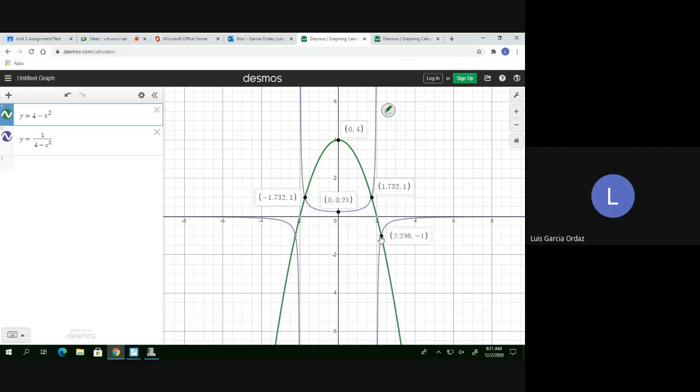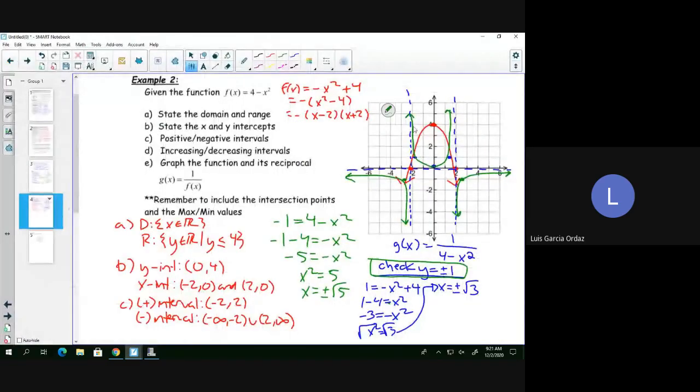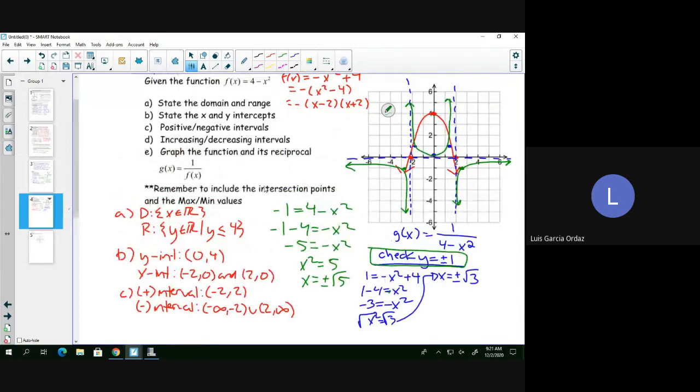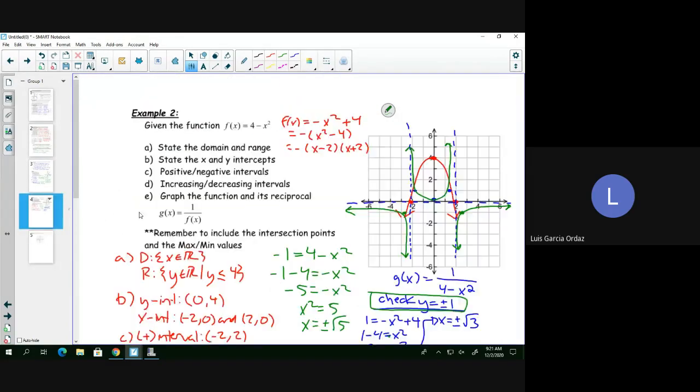So that's 2.236, which is positive root 5, and then negative 2.236, which is negative root 5. Okay, so as you can see, Desmos is obviously nicer. Mine is just a rough sketch. So we're going to answer the domain, the range, the x and y intercepts, and the positive and negative intervals.